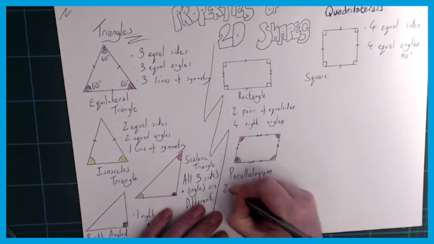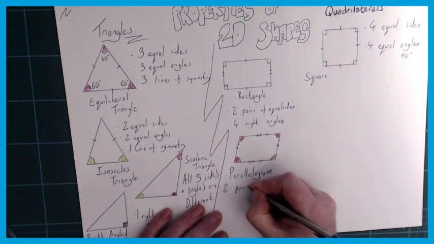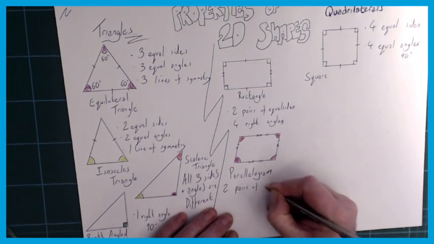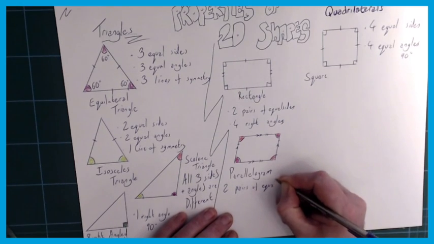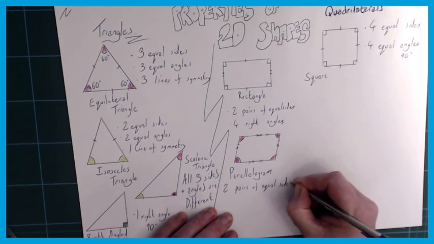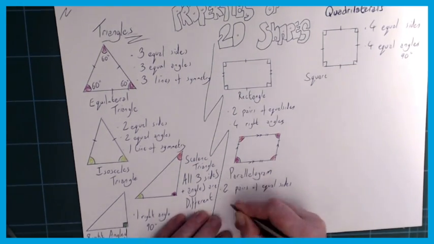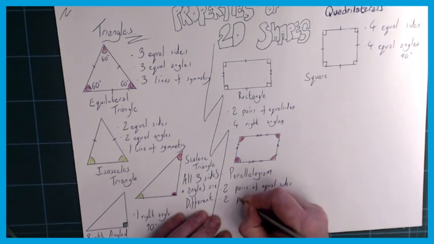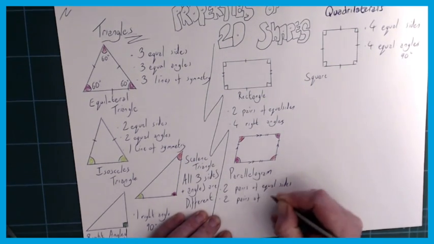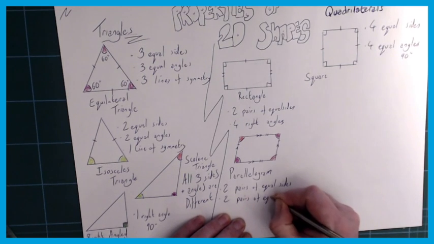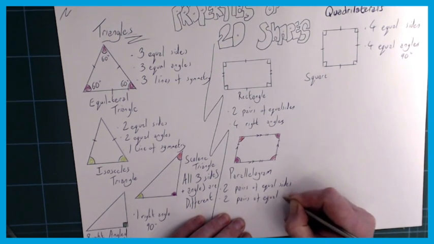It has 2 pairs of equal sides and 2 pairs of equal angles.